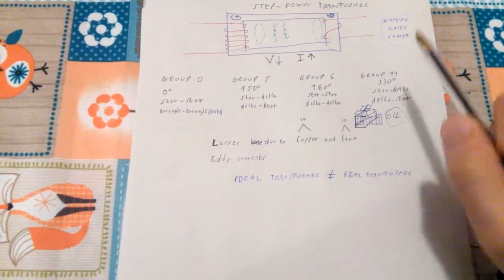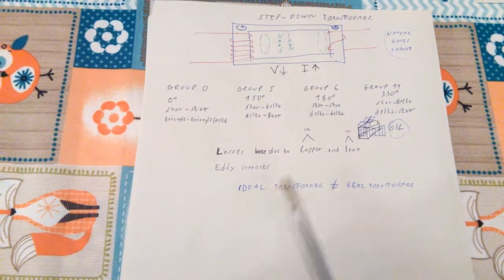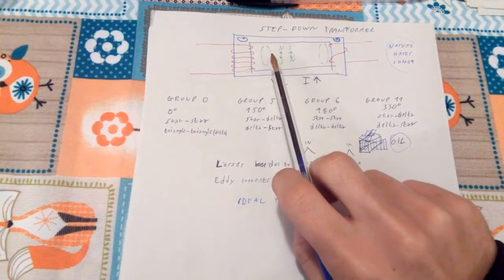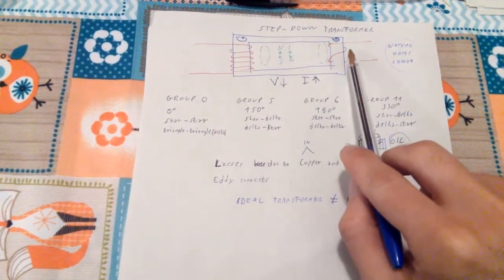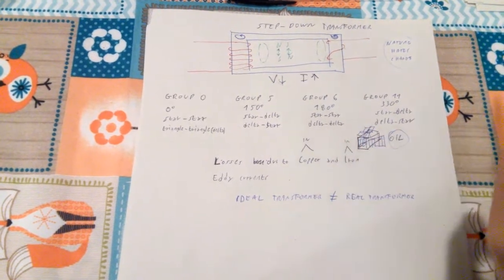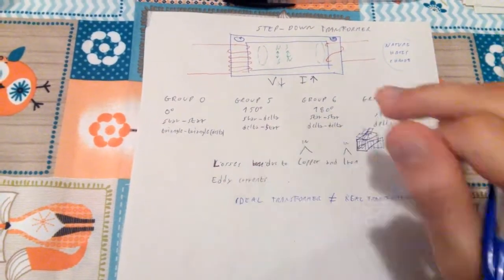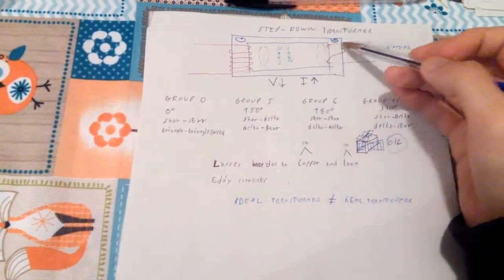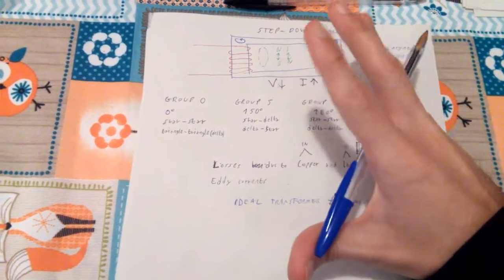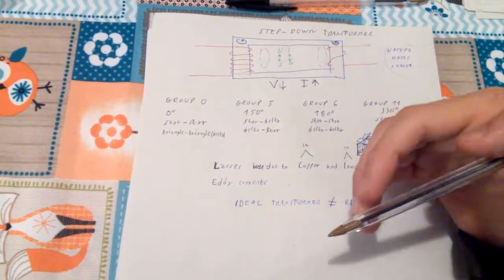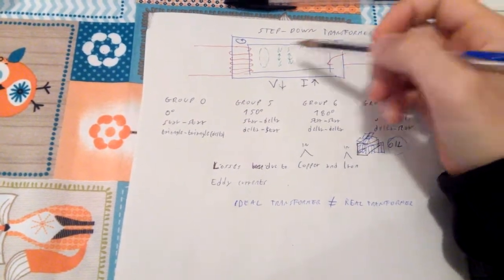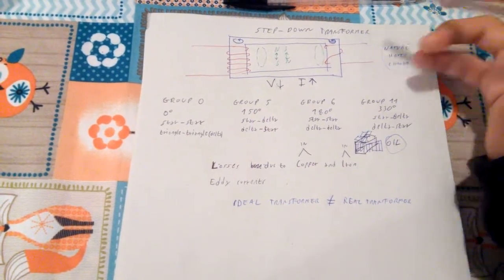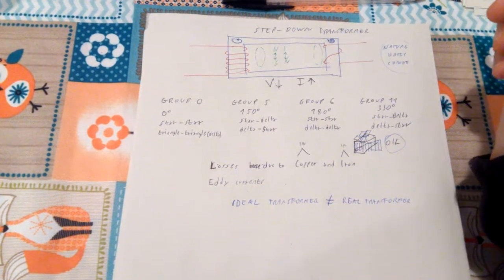Another thing we're going to consider when we're talking about ideal versus real transformers is that the magnetic field affecting the other wire is never 100% linked with this one. It's not perfect. The result of this generated magnetic field is not going to act perfectly on the other wire.